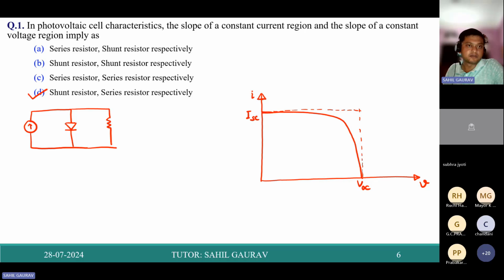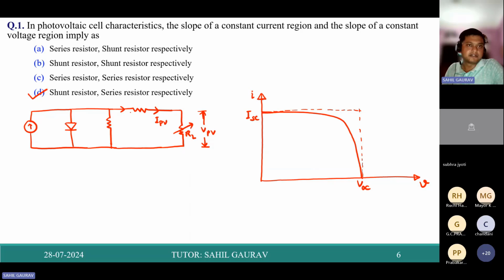This is the equivalent circuit of the PV cell. This is the PV current and PV voltage.